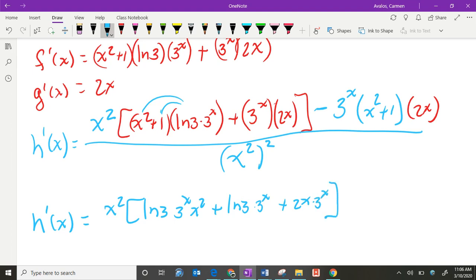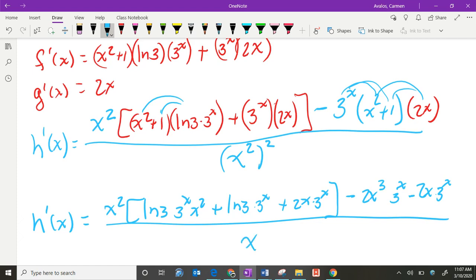So that's what we have there, minus, and then if I distribute this, it's going to be 2x cubed, because you're distributing it this way and distributing it that way, right? So it's going to be 2x cubed times 3 to the x, minus 2x times 3 to the x. Okay, and that's all over x to the fourth.